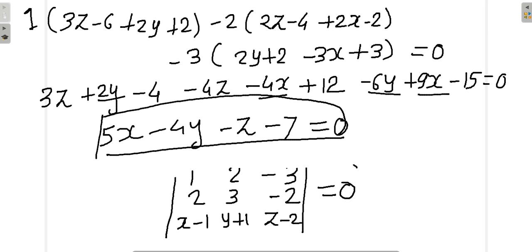Next sum: find the equation of the plane which bisects the angle between the given planes.